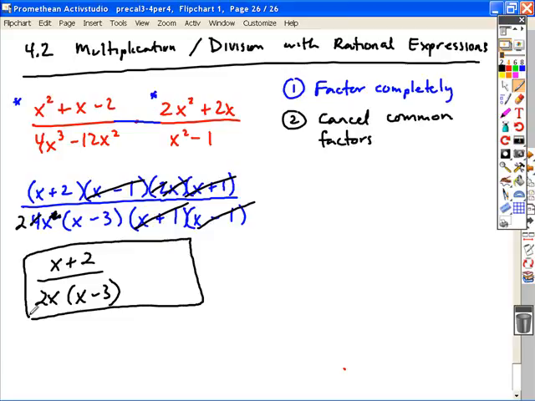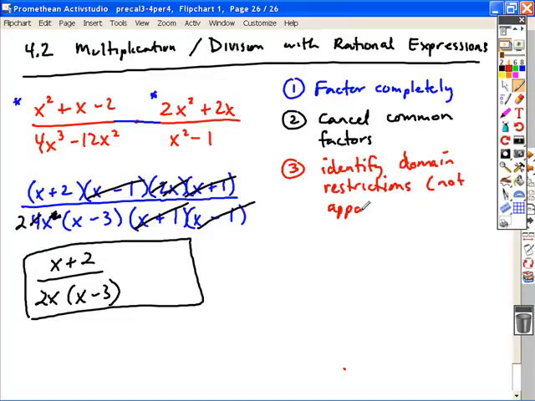And just like the last section, once you simplify all of this, you do have to take into consideration any domain restrictions. So you're going to identify domain restrictions that aren't apparent in the simplified form.